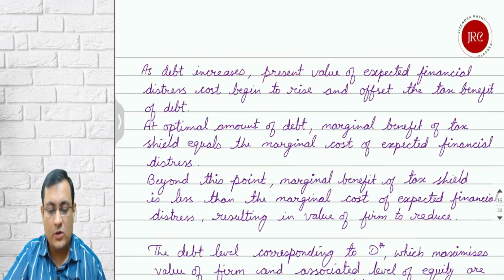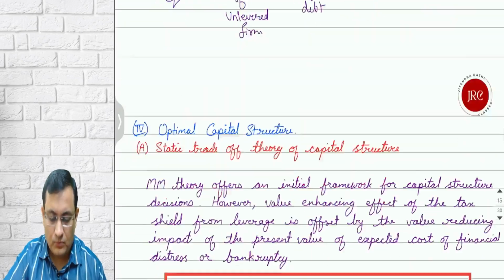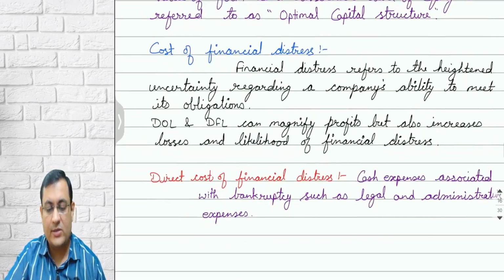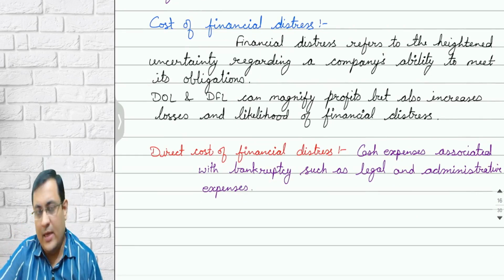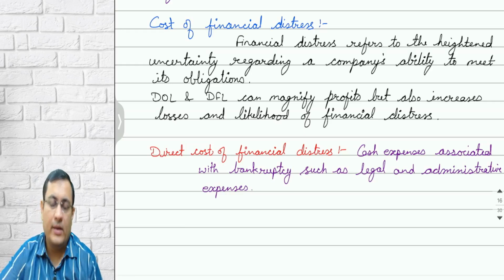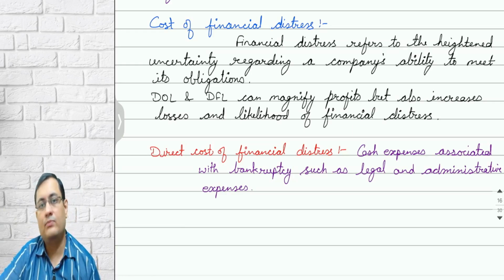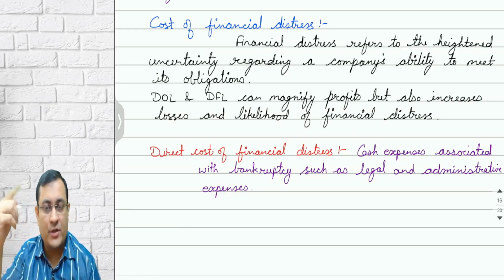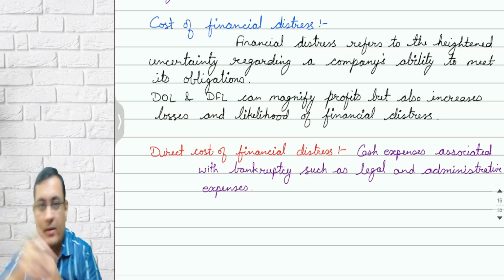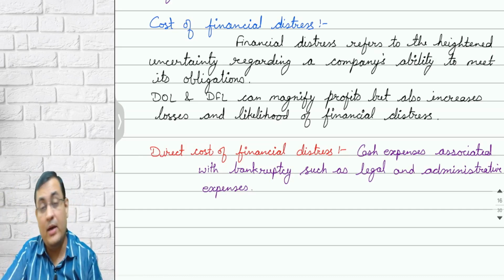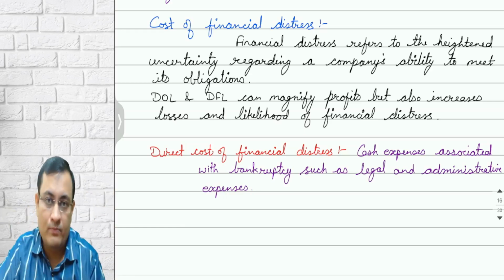So, what is cost of financial distress first? Cost of financial distress means, as you increase debt in the capital structure, during good times there is no issue, but during bad times, recession, there will always be tension in the mind of the entrepreneur that we have to pay interest, whether there will be sufficient EBIT, earnings before interest and tax, operating income or not.